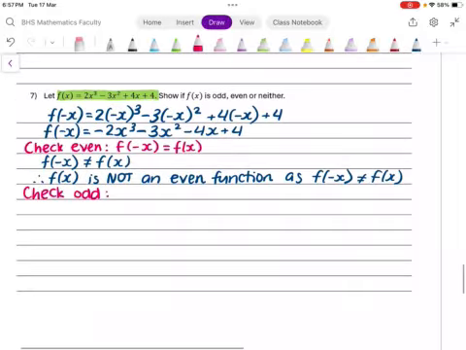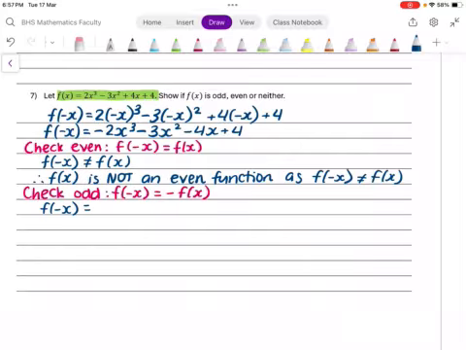So checking our odd functions, what we have is that f of negative x wants to equal negative f of x. So what we have is that f of negative x is equal to, we want to factorize out a negative, so we'll get negative lots of 2x cubed plus 3x squared plus 4x minus 4. And what we want, if it's an odd function, is that what we have in the brackets should be equivalent to our f of x, which it is not.